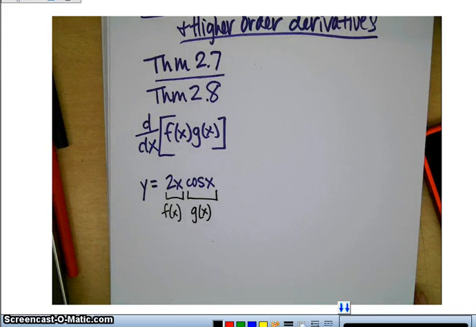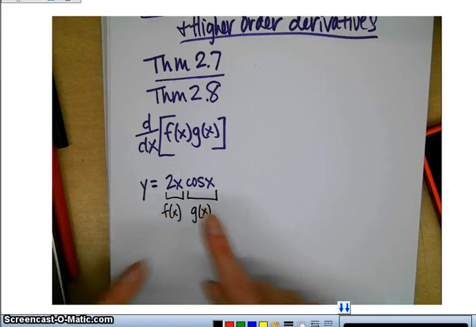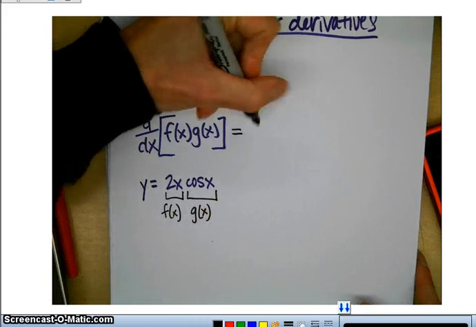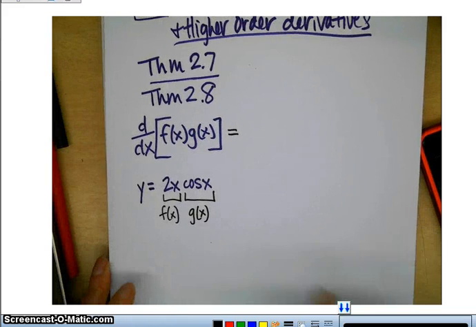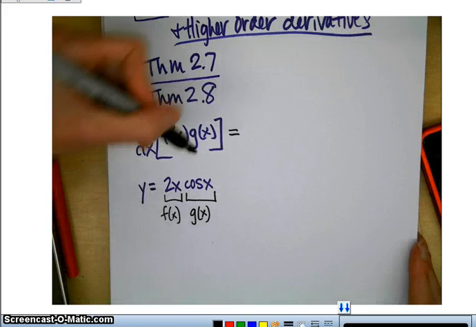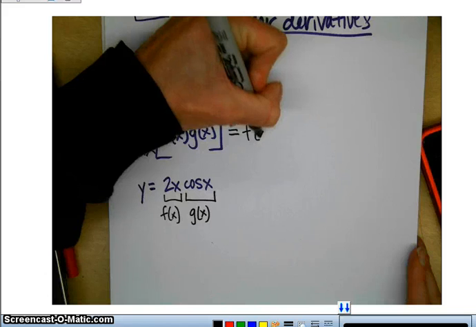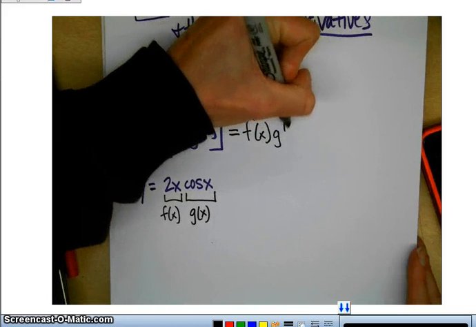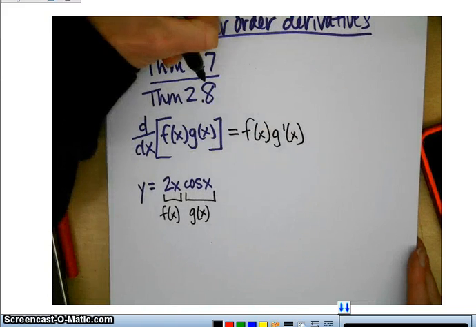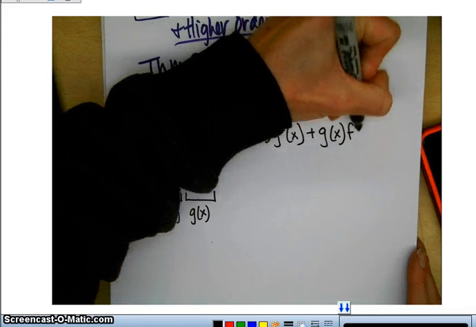Okay? This is not something that I have a rule for yet. So the product rule says that in order to take the derivative of this, the rule is right after it. The derivative of a product is equal to f of x times g prime of x plus g of x times f prime of x.